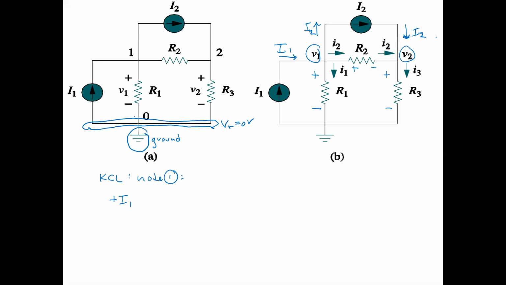No, it should just be I2, because there's a current source I2 up here. That current source is controlling the current through this whole branch here. It has to be I2 throughout.